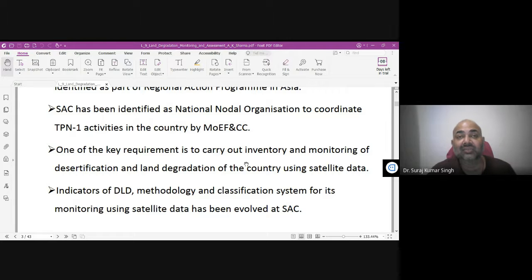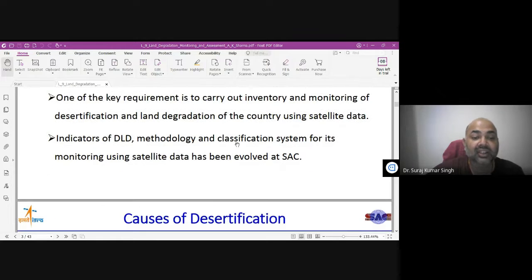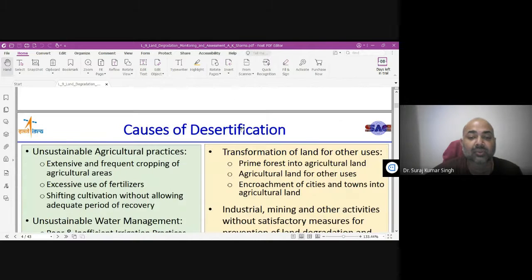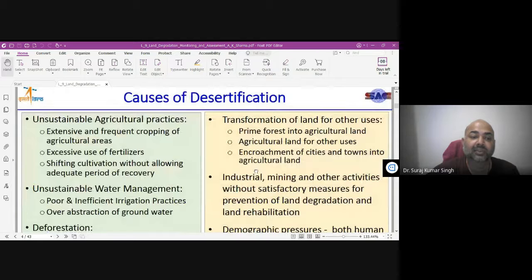A directory means first identifying the area, then planning the mitigation policy, and then acting upon it. Then you have to have an action plan, and for that satellite data are the best technique for mapping this land degradation category. Indicators of desertification, methodology and classification scheme for its monitoring using satellites have been evolved by the Space Applications Centre.